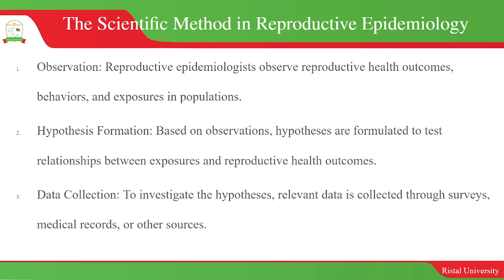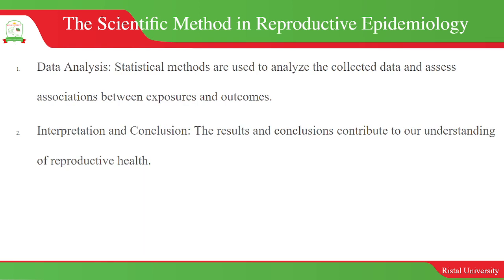This is where you're collecting data. You're carrying out a study to collect data to really find out if that statement, that hypothesis, is correct. So you analyze the data and you will see that those who have undergone maybe female genital mutilation have 20% chances of having a poor maternal health outcome compared to those who have not.